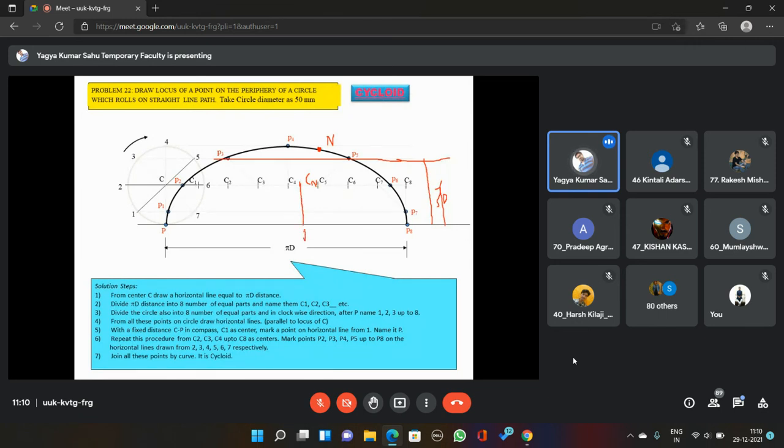You'll get a point, say N1. Cn is perpendicular to P8. Now join N to N1 and extend. What is this? The normal at this particular point N.